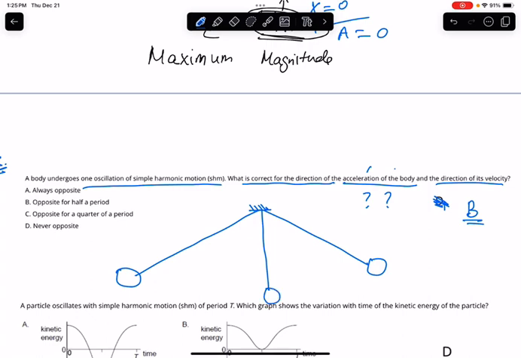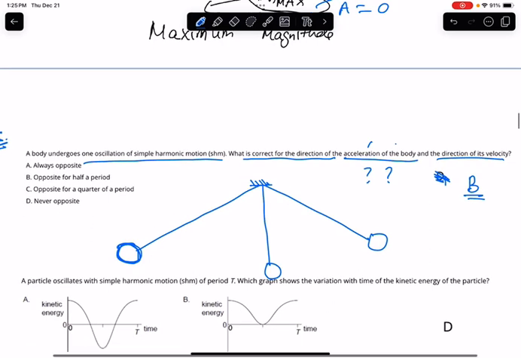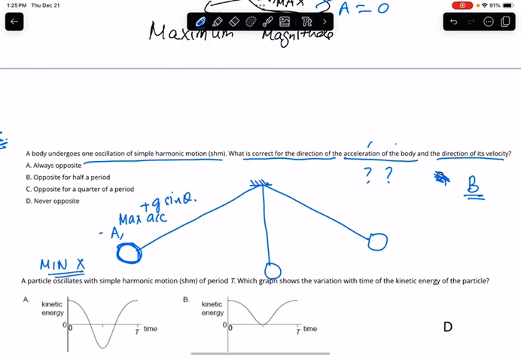At the negative amplitude, we have our maximum acceleration, which is just positive g sine theta, and our displacement is minimum. And we know that at our amplitude, the velocity is 0.